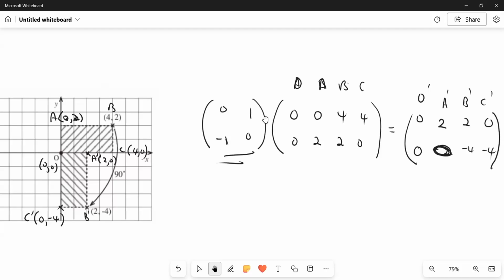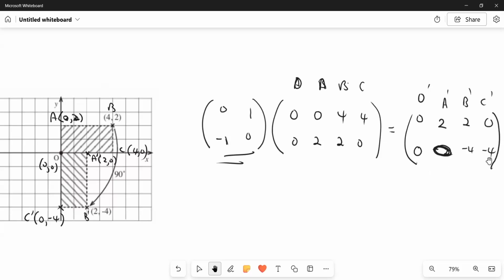Similarly here, minus 1 by 0 plus 0 by 0, that gives you that 0. Minus 1 by this 0 plus this 0 by this 2, all gives you 0 again. Minus 1 by 4 plus 0 by 2 gives you the minus 4. Then minus 1 by this 4 plus 0 by 0 gives you minus 4, 0.